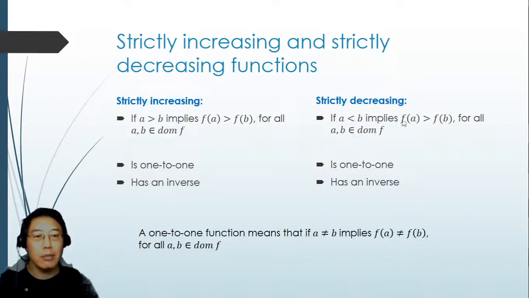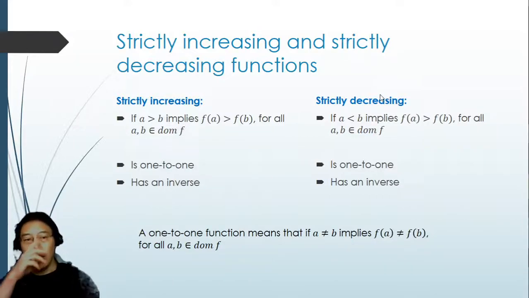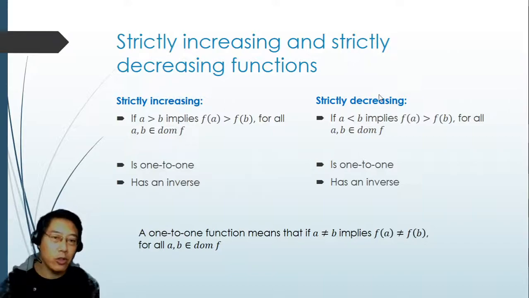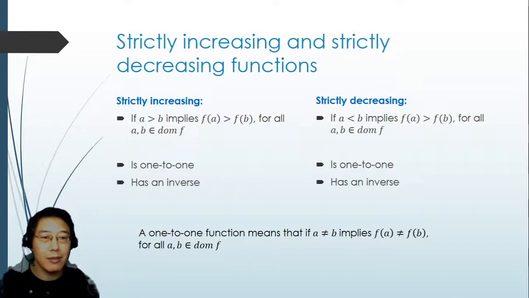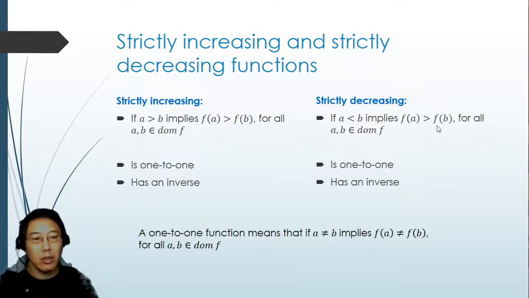Strictly decreasing, you change your inequation. So think about your strictly decreasing function, y equals -x. That is why when you multiply by a negative number, the inequation changes direction or sign. Also, it's one-to-one and also has an inverse.